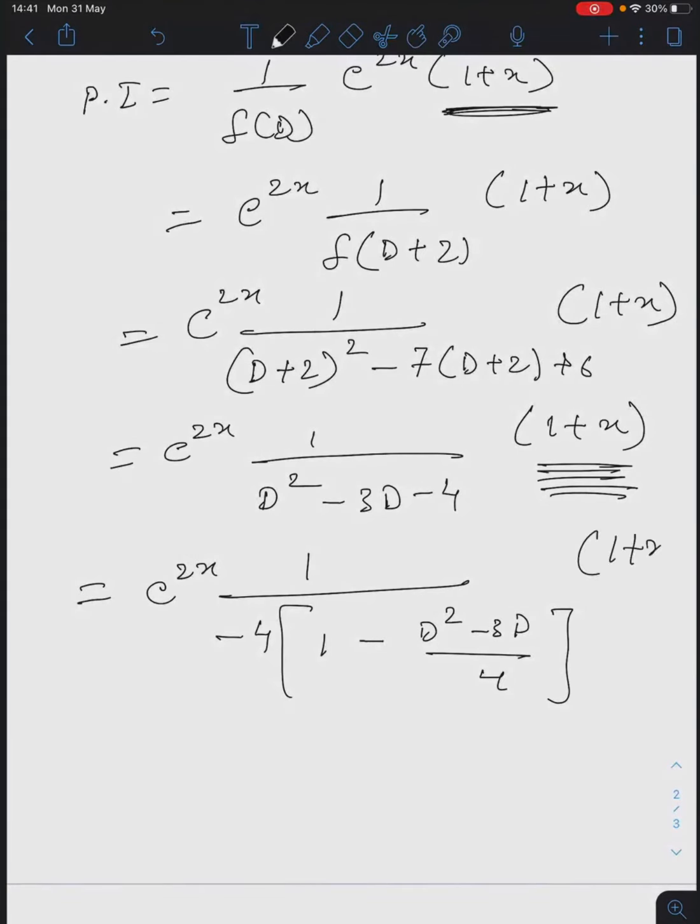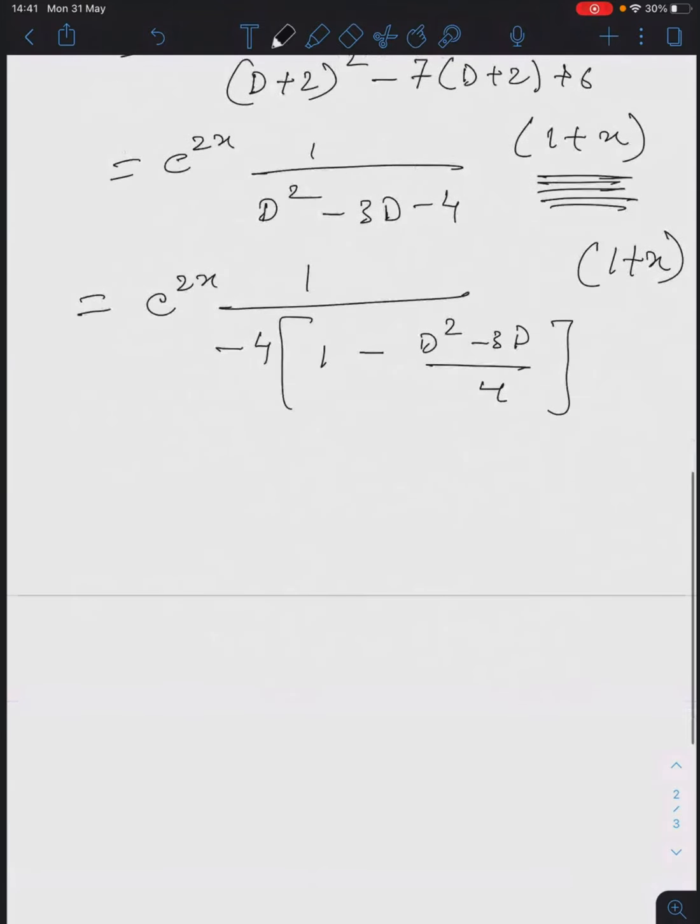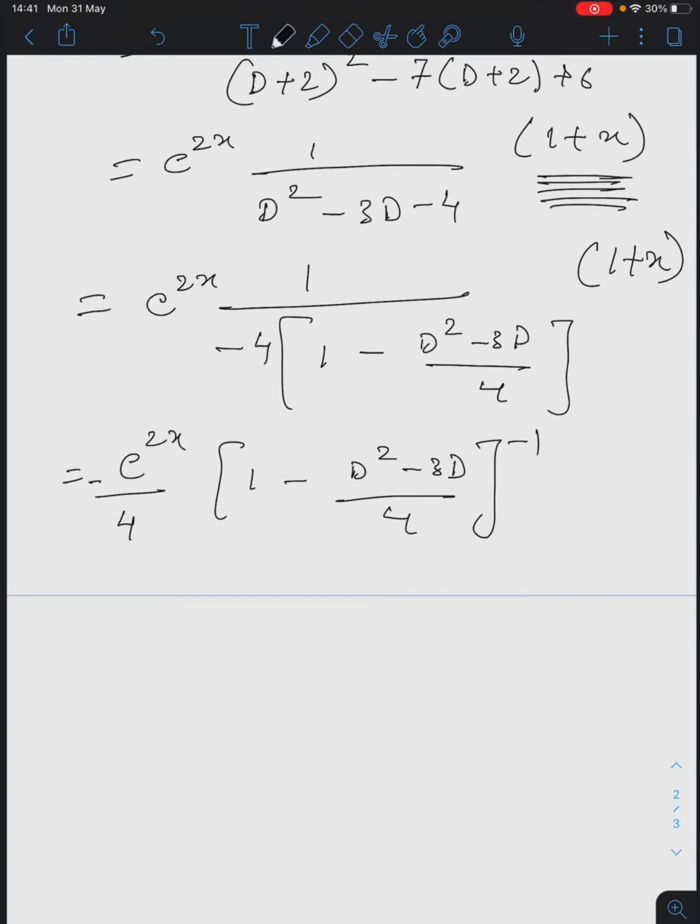And this you are applying on 1 plus x. So again, this is e to the power 2x by minus 4 as it is. Now what we need to do? What is the next procedure? The denominator need to be written in the numerator, which will be 1 minus (d square minus 3d) by 4, its inverse, which you are applying on 1 plus x.